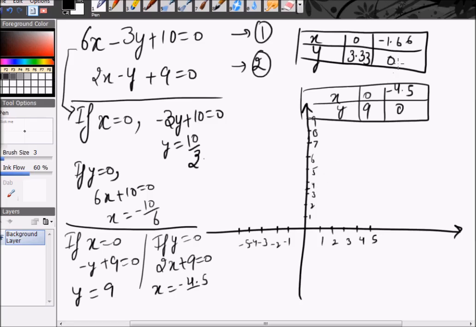Whereas if y equal to 0, x is minus 1.66. Thus joining the 2 points, the line goes like this.